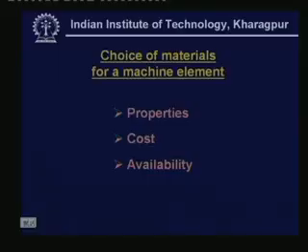Okay. So, once we consider the properties and the cost, the third point, as you can see noted on the slide, is availability. Suppose you are very ambitious and have developed a beautiful material with a beautiful property for the particular design you are going to make.